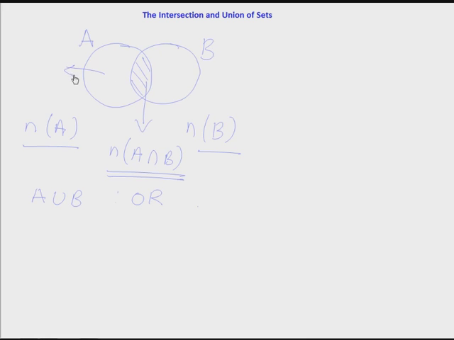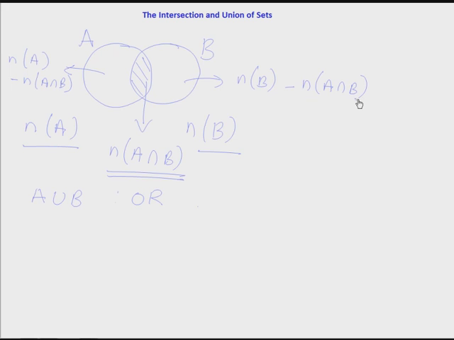So this set would be N(A) minus N(A intersection B). This corresponds to the number of elements in the set A, but those which are not in the intersection, or in other words, the number of elements only in A. Similarly, the number of elements only in B would be N(B) minus N(A intersection B).